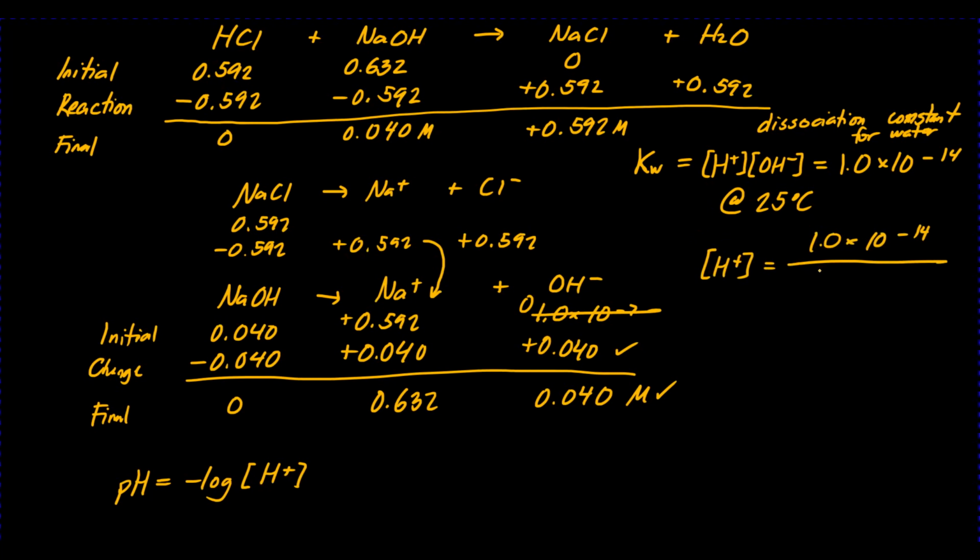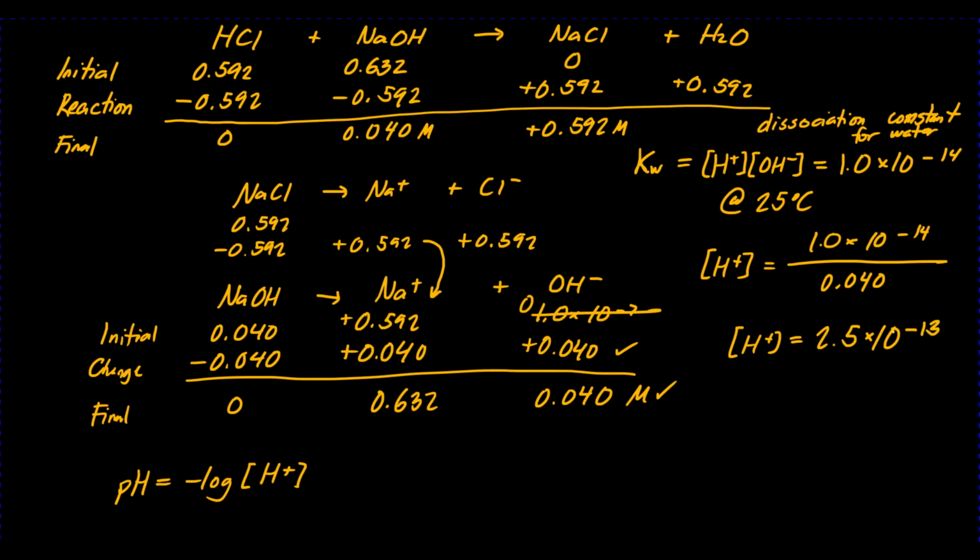So we will be using the molarity of the hydroxide ion, which is 0.04. Then we can determine the concentration of the hydrogen ion. There you go.